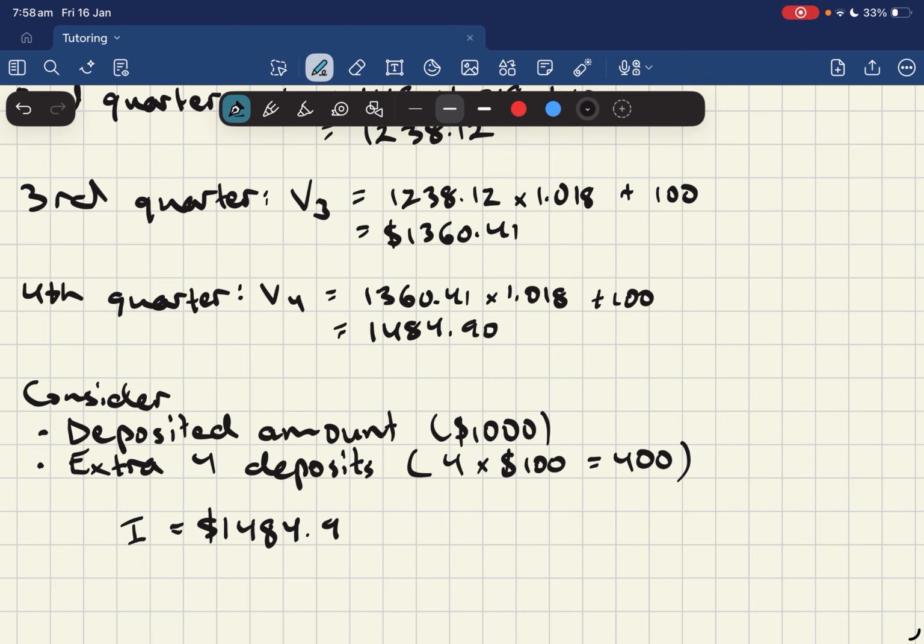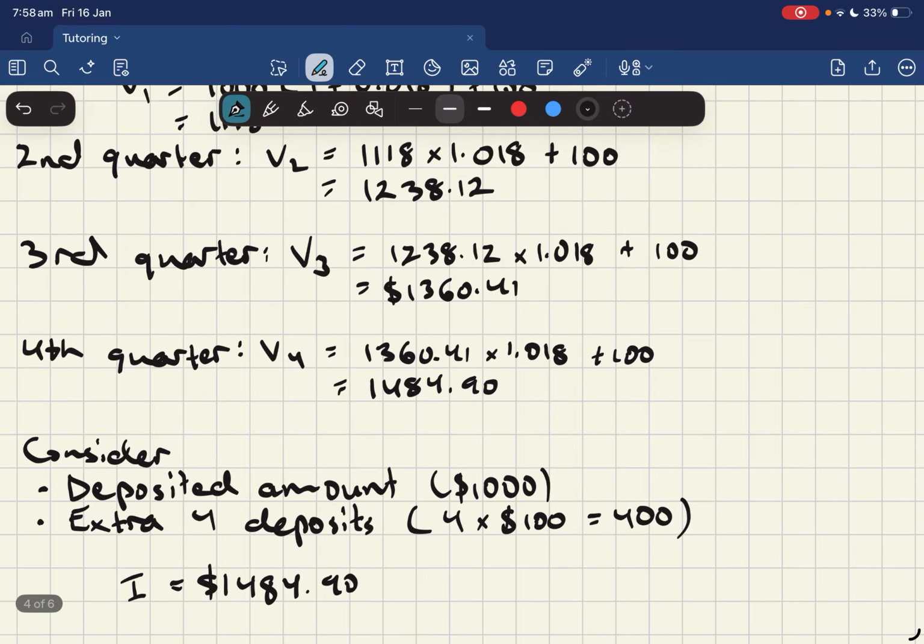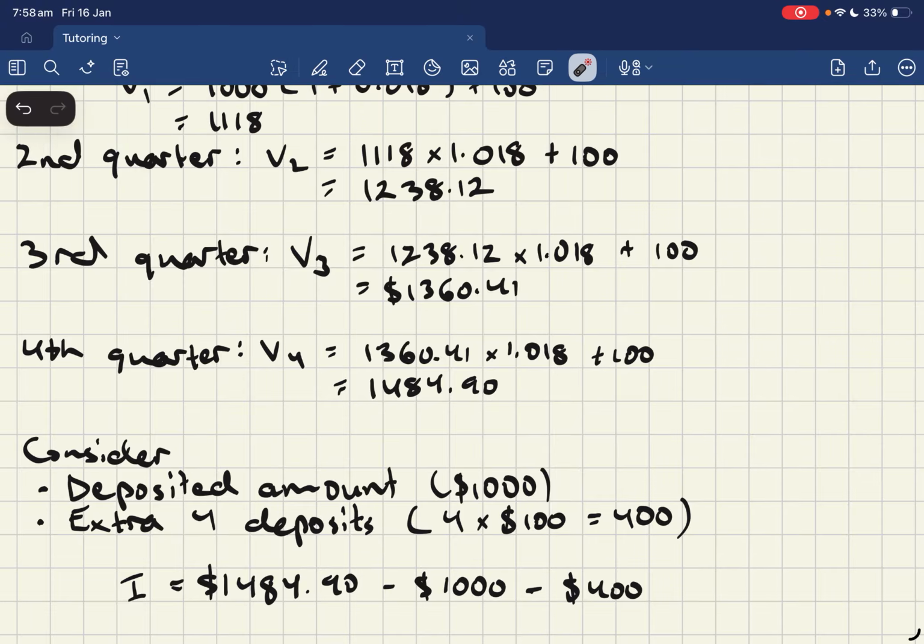So to calculate our interest when we think of annuities, our interest is equal to 1,484.90, the amount after the 4 payments, after the 4 quarters, the year, minus the principal, the original present value, the deposited amount, minus, again, 400, the extra deposits we made. Because the interest is just what we accrued on top of that, on top of the initial amount, on top of the extra things we deposited in.